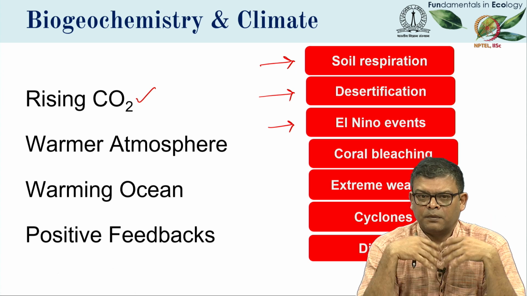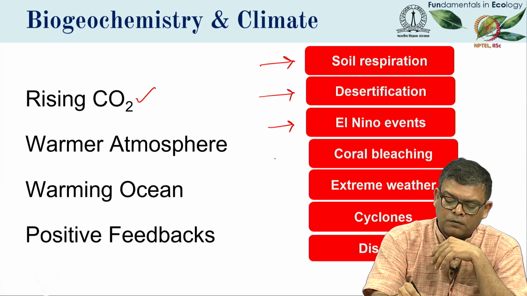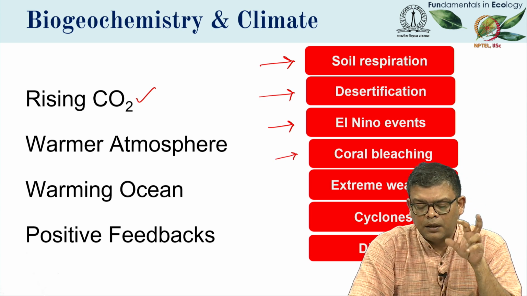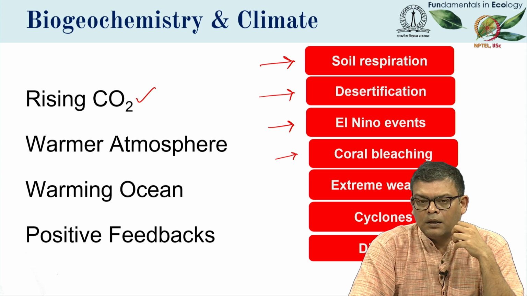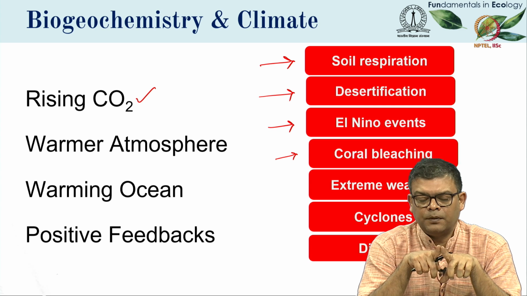When the ocean warms up and has these extreme episodes of very warm conditions, it bleaches out the coral. So the coral is a symbiotic organism between an animal and a plant. The coral bleaches, which is the word used for the loss of this symbiotic association.